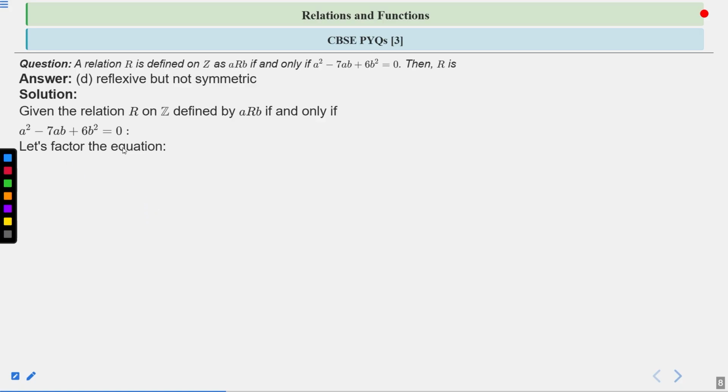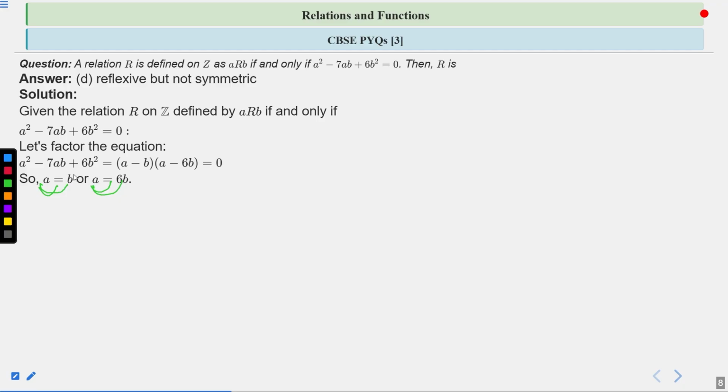A square minus 7ab plus 6b square can be factored as (A minus b) into (A minus 6b), which is equal to 0. So either A equal to b or A equal to 6b. So we are getting A equal to b.